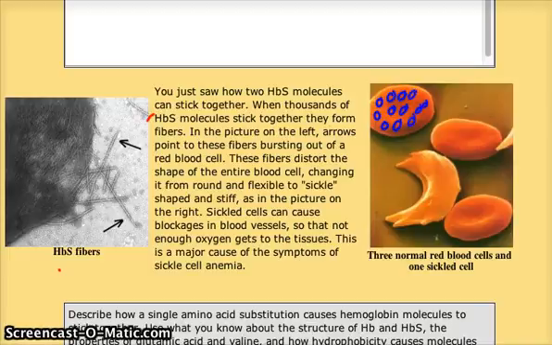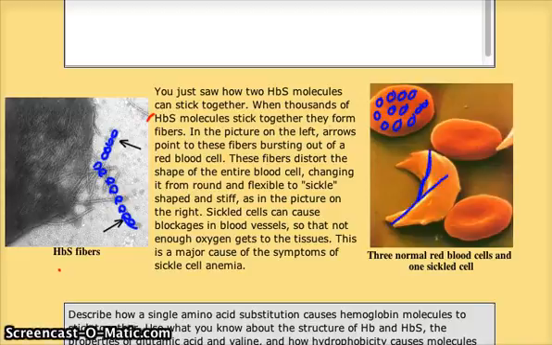But if you look here, on this side, this is sickle cell and this is sickle cell here, those hemoglobins stick together and they form these stiff rods. So here's a whole bunch of them, and then here's a whole bunch bundled together. So these stiff rods then show up like this.